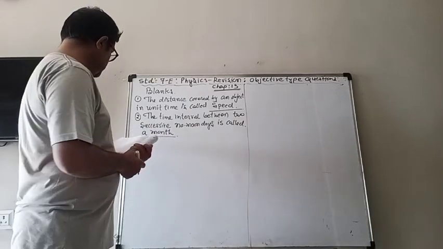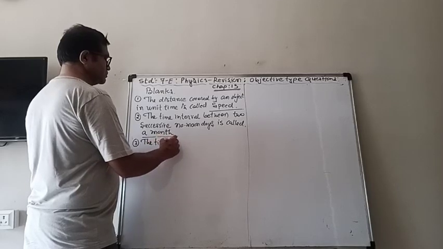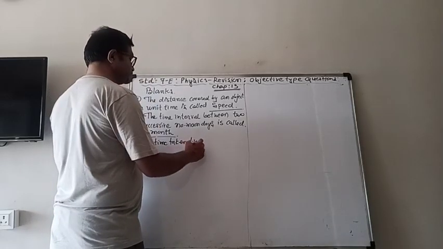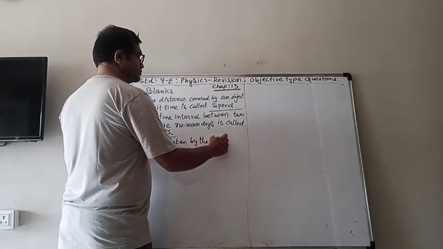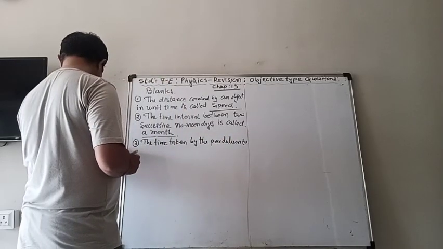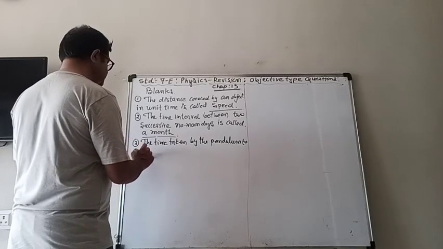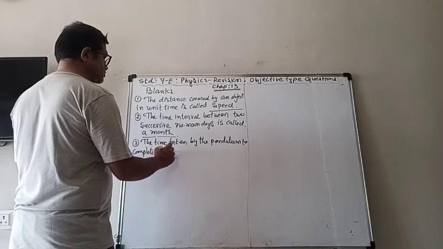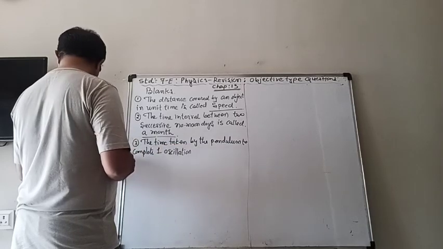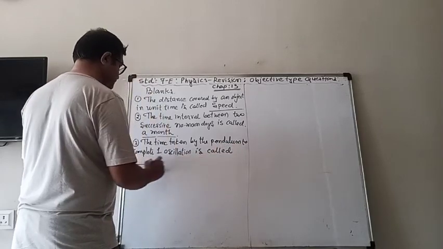Third one, the time taken by the pendulum to complete one oscillation is called blank.